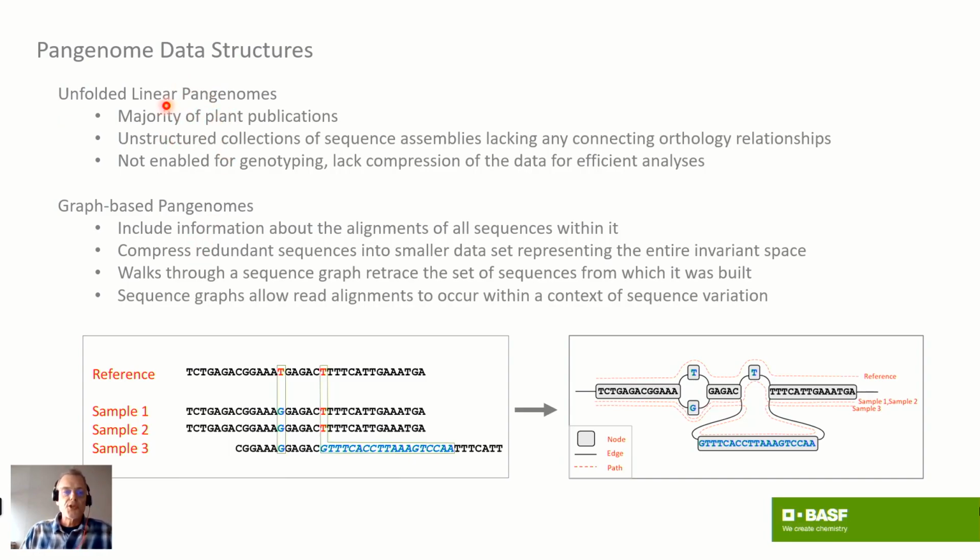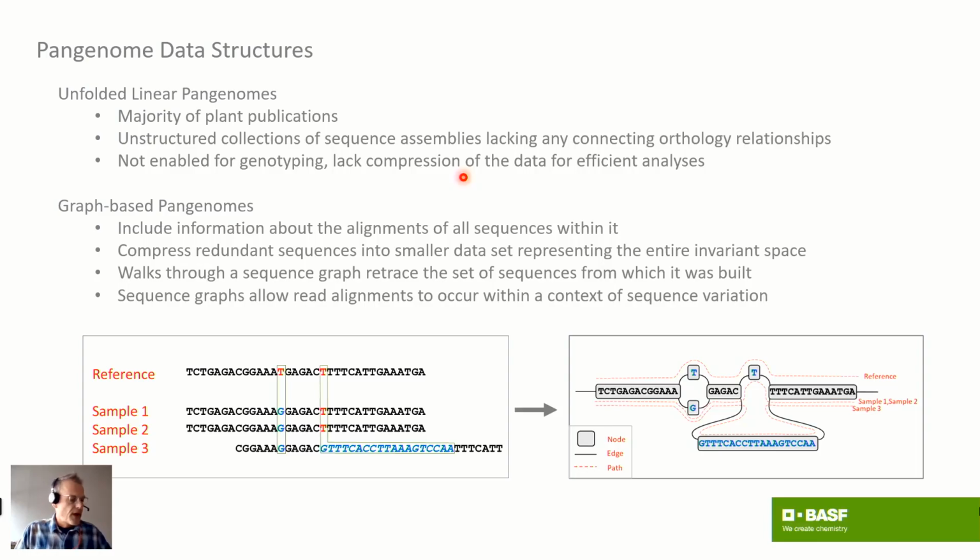We see a lot of studies like those I listed on the previous slides where there is a wealth of sequencing done on a nice set of germplasm, and the differences are cataloged but not connected into a coherent data structure that allows exploiting the orthology relationships between those genomes. They're typically not enabled for genotyping with short reads, and they lack the compression for efficiency.